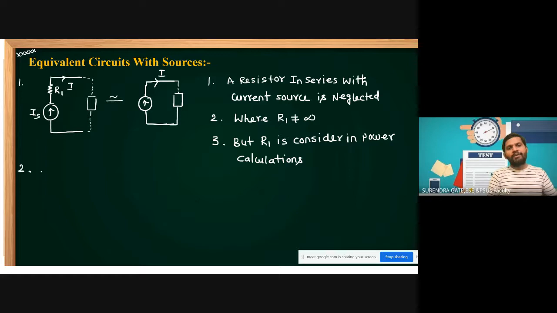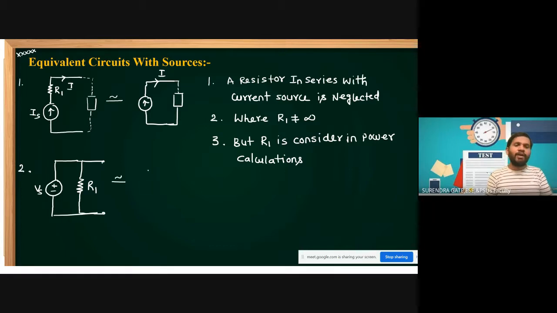One more observation. For example, let us consider an ideal voltage source, plus minus Vs. If any resistance, let this be R1, is connected in parallel with the ideal voltage source, then there is no significance for that one.